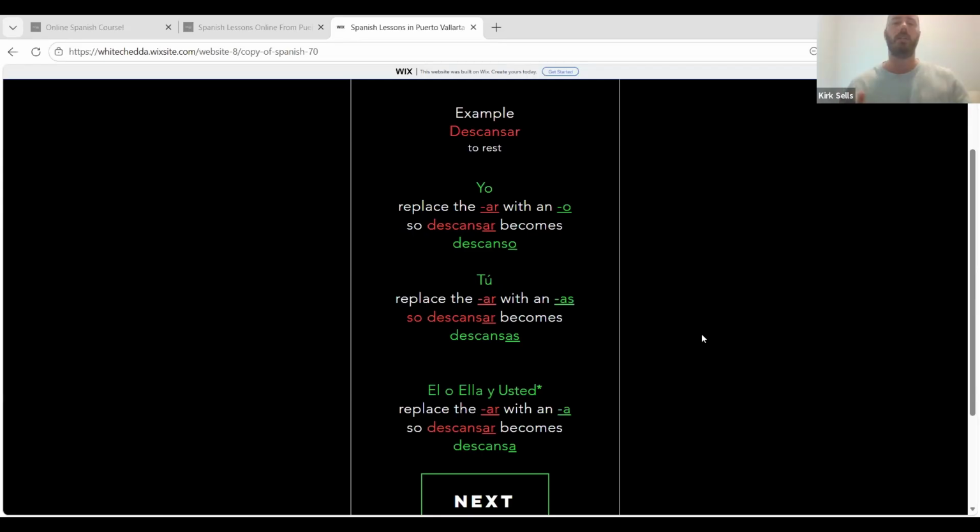I walk, you walk, he walks, right? We need to understand these rules in order to say if we see a new verb, we know exactly how to change the ending to make it match the subject. And this is for all verbs that end in AR. So let's try I rest. We take away the AR, we add an O, and we say yo descanso.